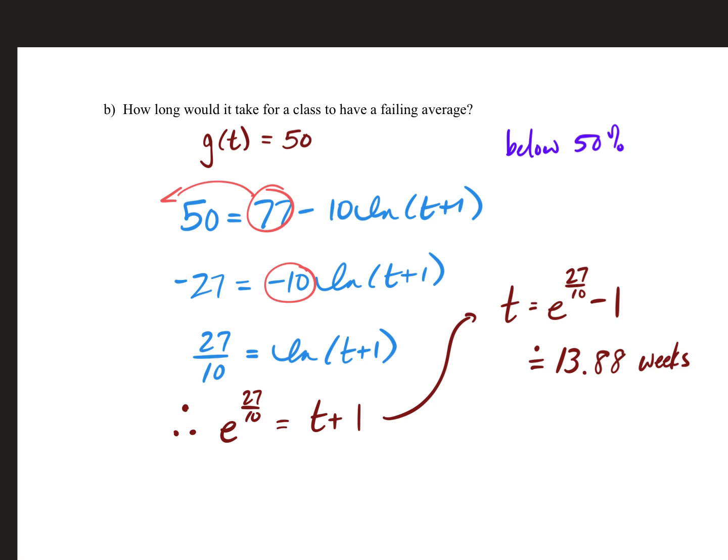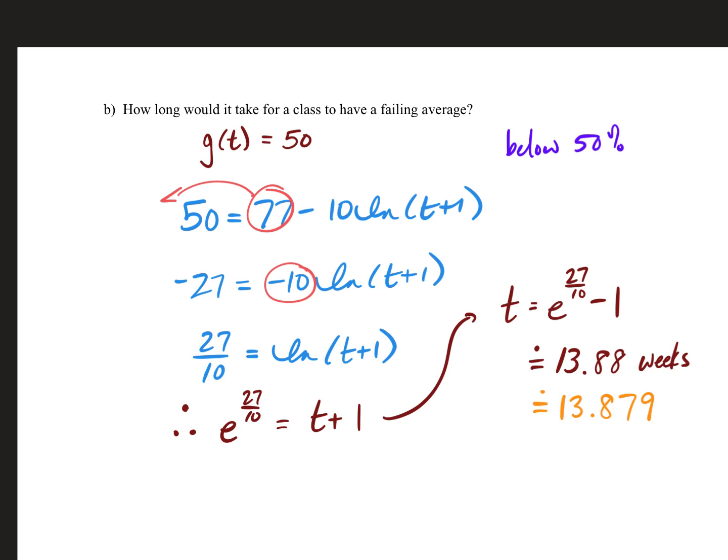If I actually backtrack a little bit, what I would have had for an additional decimal place would have been 13.879. And yes, there's then like a 7, blah, blah, blah. But for us just to take a peek at those 3 decimal places, maybe you can see how we got to a failing average. If you look at my orange, that's the most exact answer I can get for t.